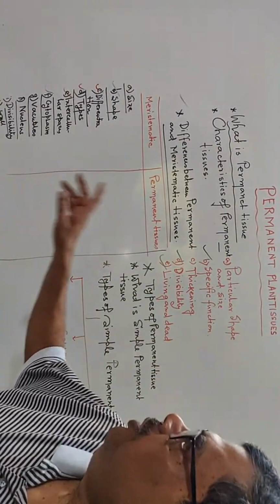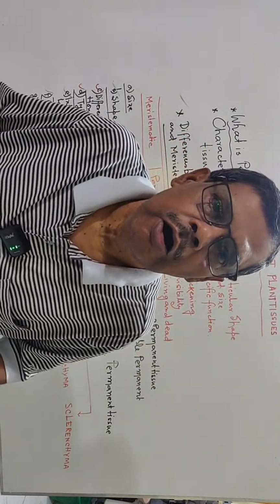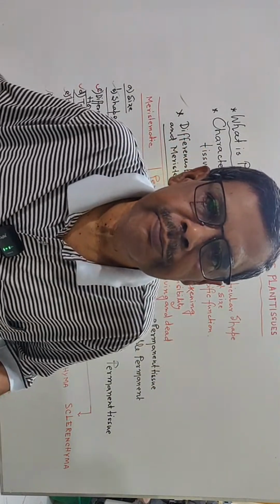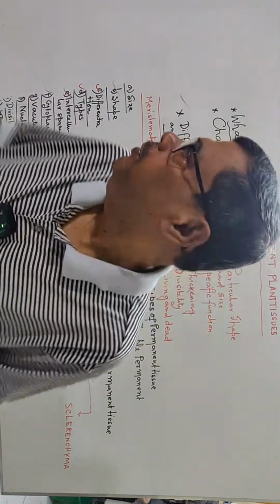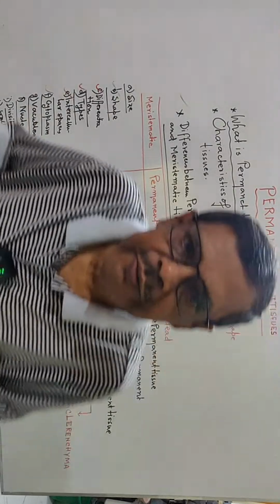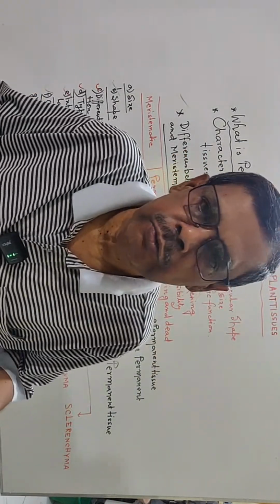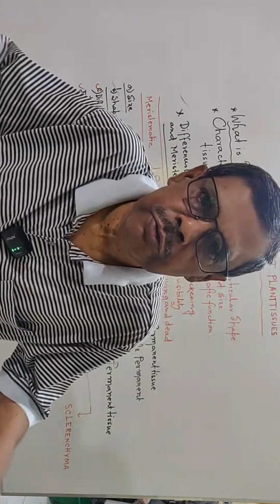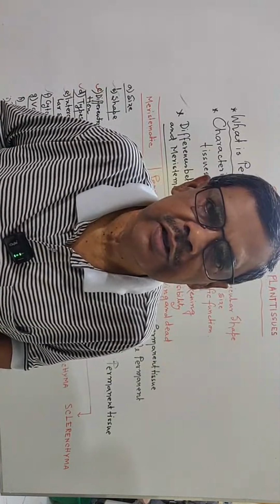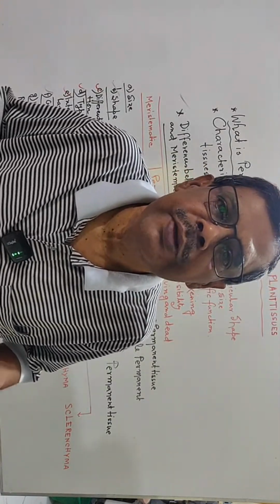Function. Meristematic tissue has the function of growth of stem, leaf and root. But in case of permanent tissue, there are several types of specialized function. They can store the food materials, the excretory products, the different types of minerals and others.